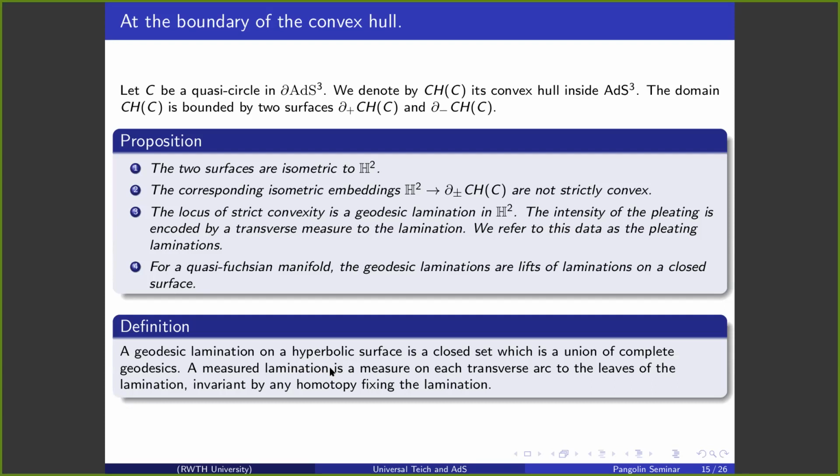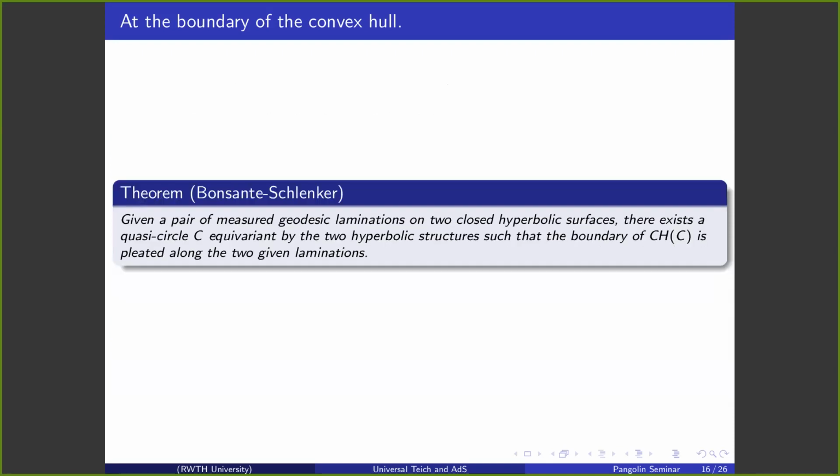And this really is a transverse measure. And also, for the quasi-Fuchsian construction, you could consider the geodesic lamination as living on a closed surface, because everything is compactly periodic by the group action.